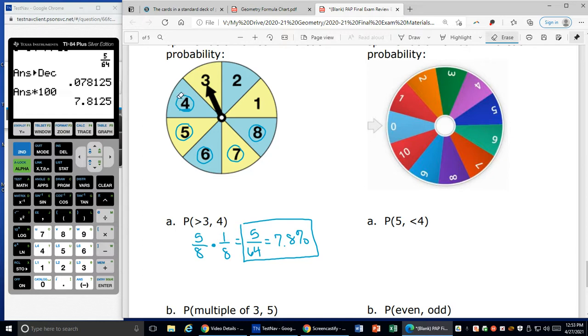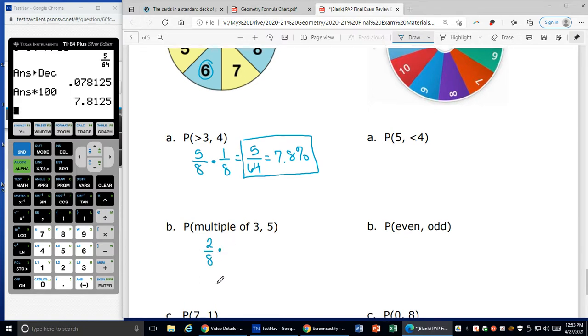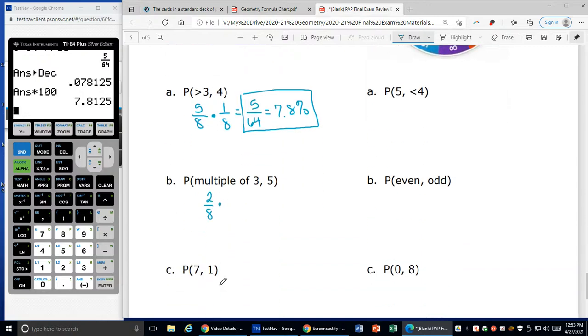Okay, then we're going to look at the probability of landing on a multiple of 3. So my multiples of 3, that would be 3, 6, and it's just those 2, right? So just 2 out of 8. And then to land on a 5, there's 1 5 on that whole board, so 1 out of 8. 2 times 1 is 2. 8 times 8 is 64.